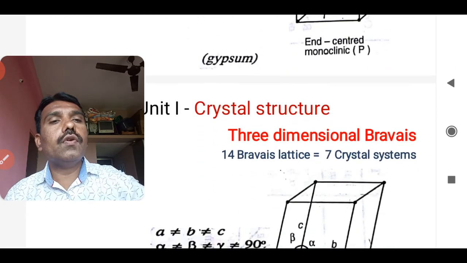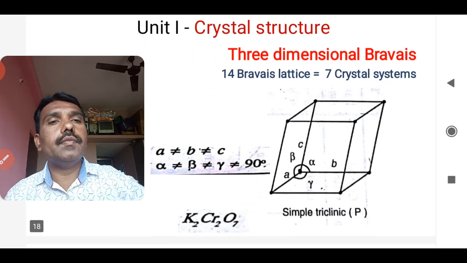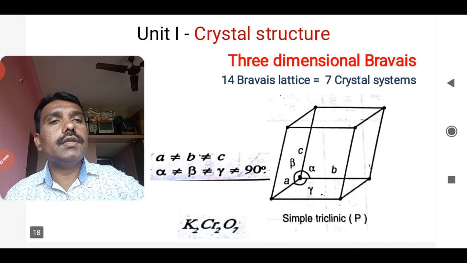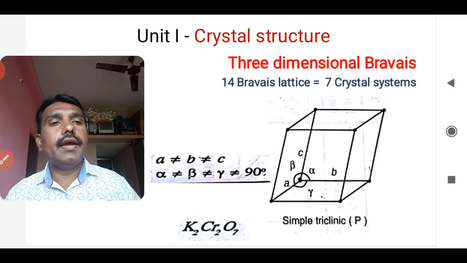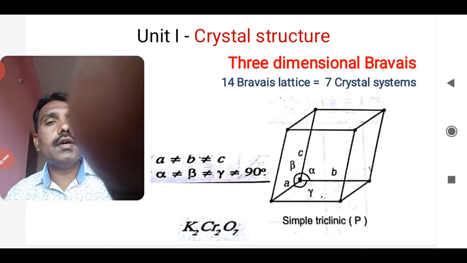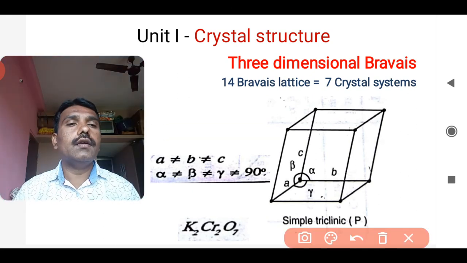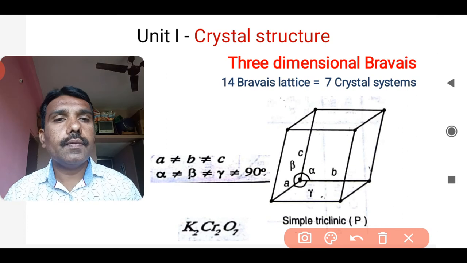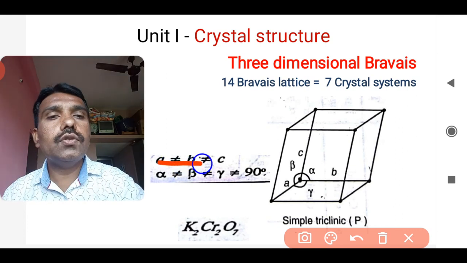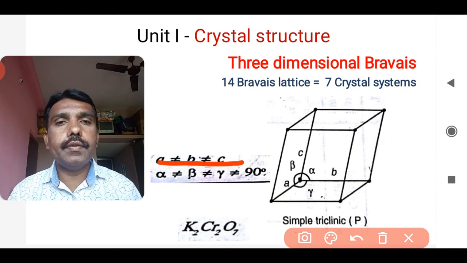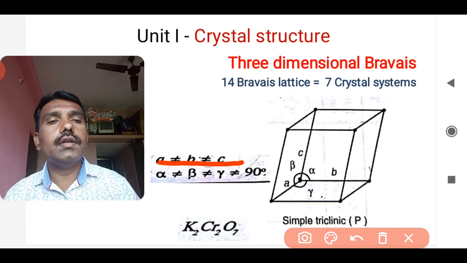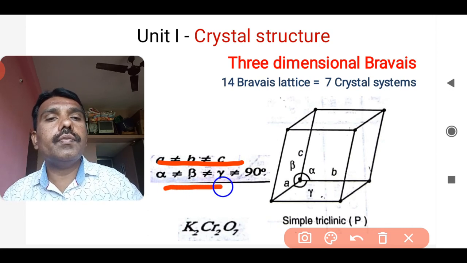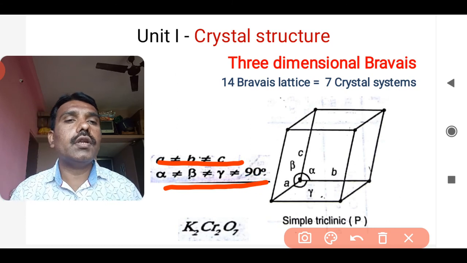Now moving forward to the last three-dimensional Bravais lattice, it comes with the seventh crystal system, under the triclinic system. Let's see what exactly it is. It shows that a is not equal to b is not equal to c. That means all three vectors are of different lengths, and alpha is not equal to beta is not equal to gamma is not equal to 90.